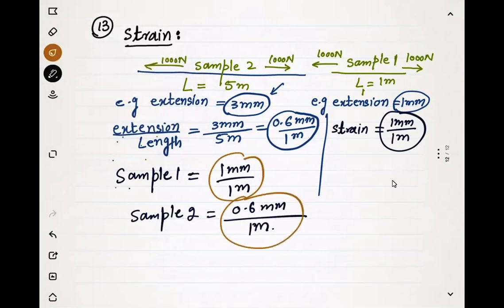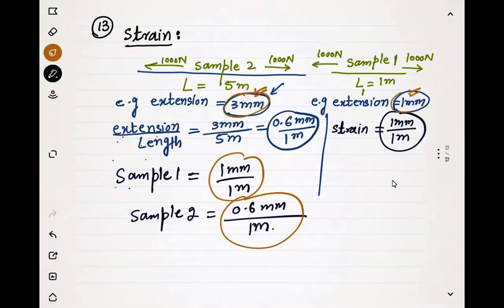One of them is 1 millimeter for every 1 meter. Second one is 0.6 millimeter for every 1 meter, which shows that the second sample extends less and the first sample extends more. However, if you only observe the extension, then it could deceive you, because sample 1 was extended by 1 millimeter and 2 was extended by 3 millimeter.